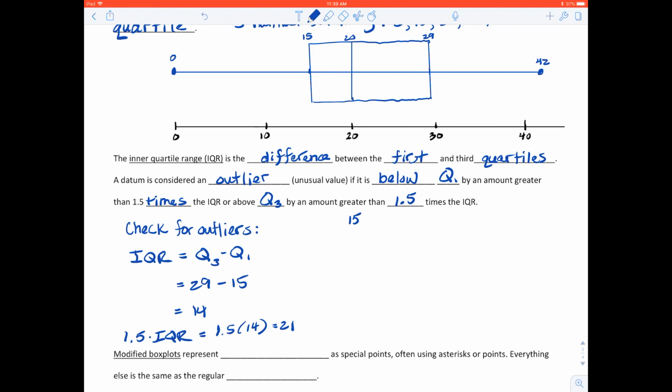So checking for outliers on the low end, we're going to say 15 minus 21. Well, that's going to be -6. And do you see that our minimum value is equal to 0, and that's greater than -6. So no outliers on the low end.